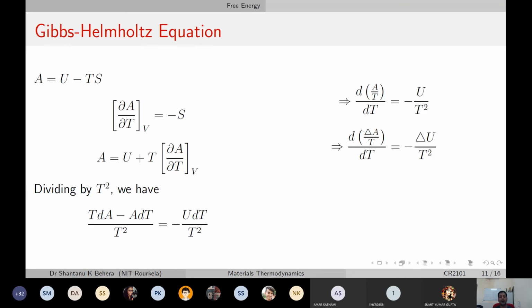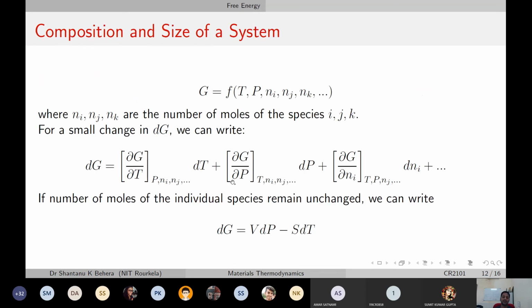Now, all of these systems that we talked about are simple systems where nothing is going in and nothing is coming out. It's a kind of closed system, all right? But when you talk about systems where you can add other compositions, other chemical species, that's where the free energy can be a function of all of these variables.